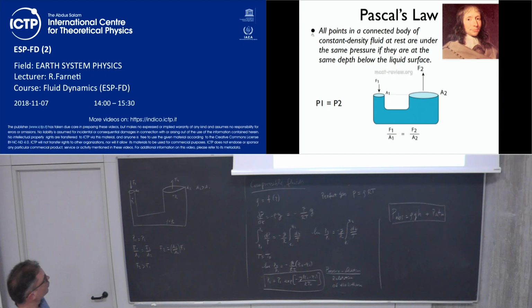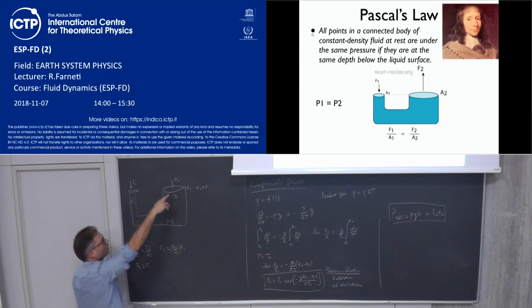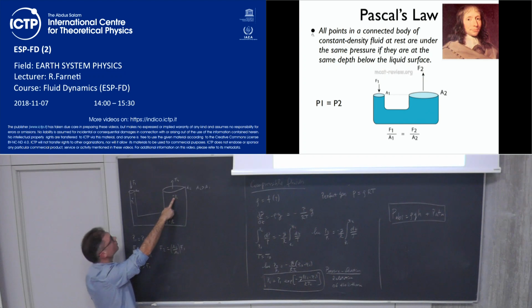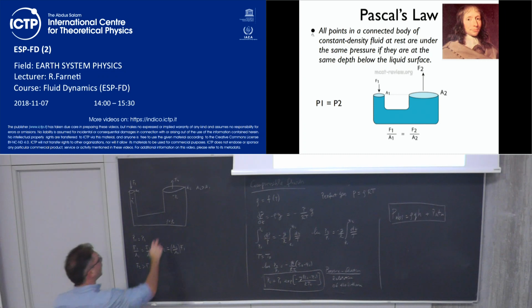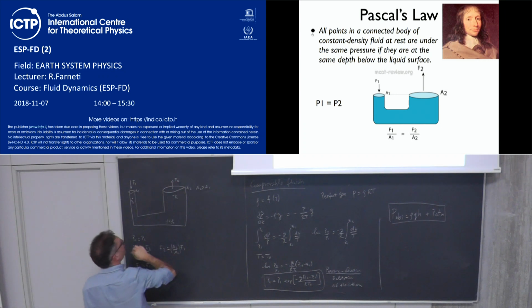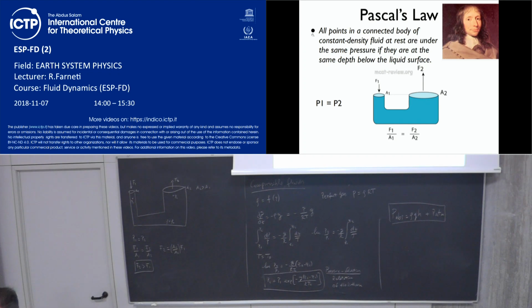So this means that if you push, or if you apply a force on this side of this system, in order to maintain the pressure equal at all levels, you will generate a force per unit area to give you the same pressure P2 equal to P1. And the force resulting from this equilibrium of Pascal's law, F2, is much larger than F1 because A2 is larger than A1. Okay? And this is called the multiplication of forces.